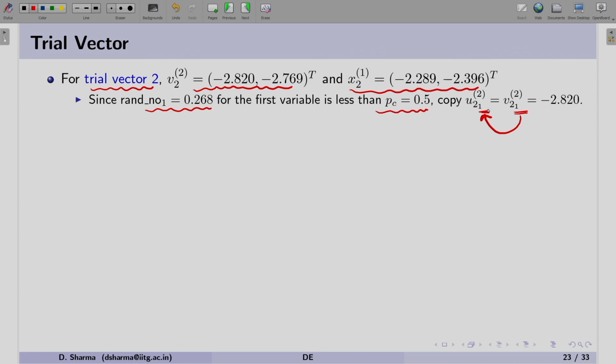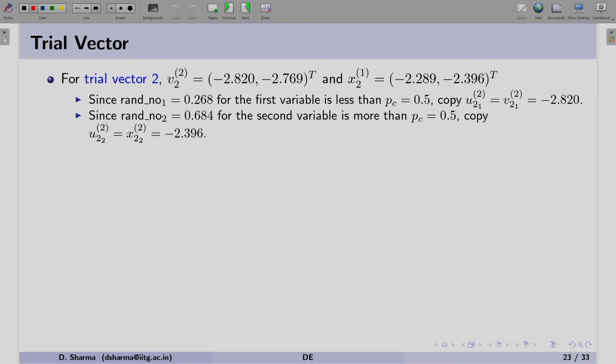Similarly, for the second variable, the random number is 0.684. This random number is more than PC, which suggests that we have to take the second component from the target vector into the trial vector, as you can see here. So, we can see that the trial vector can take a component either from the mutant vector or from the target vector.